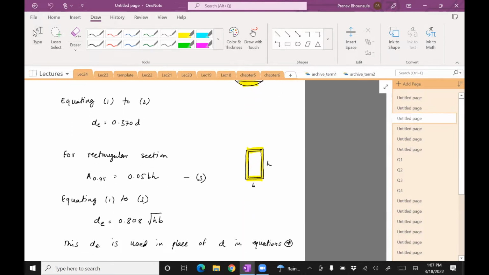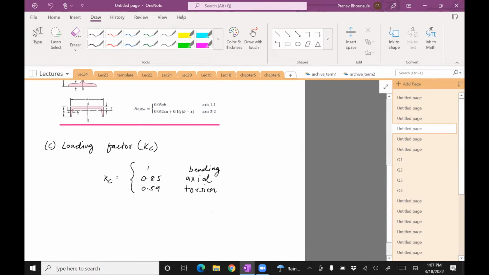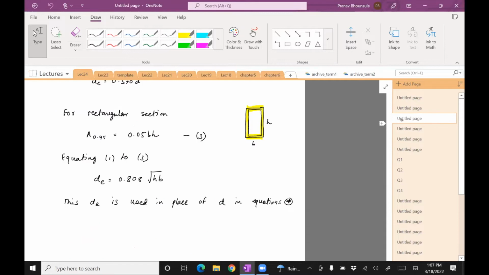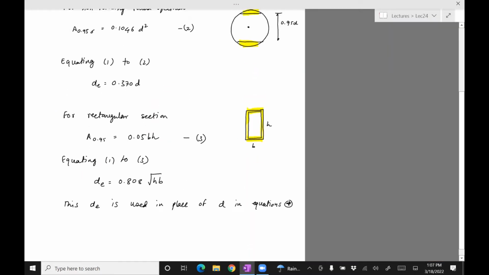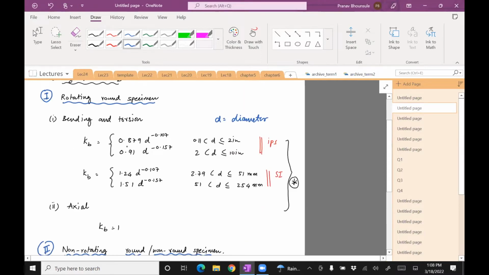What comes from these eventually is a factor Kb. What this theory does is basically give you an effective diameter D, based on that theory I talked about. Once you get the effective diameter, you then use the same expressions you have over here to compute Kb.